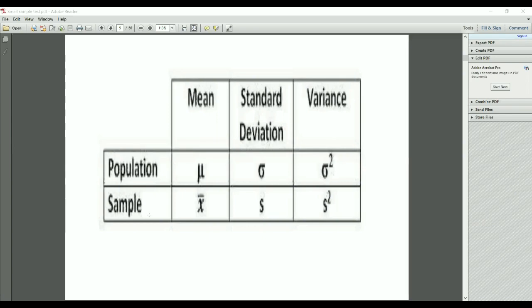When you consider the sample mean, sample standard deviation and sample variance, the signs are x bar, small s and small s square. You should always remember this: for the population we use mu, sigma, sigma square, and for the sample x bar, s and s square.